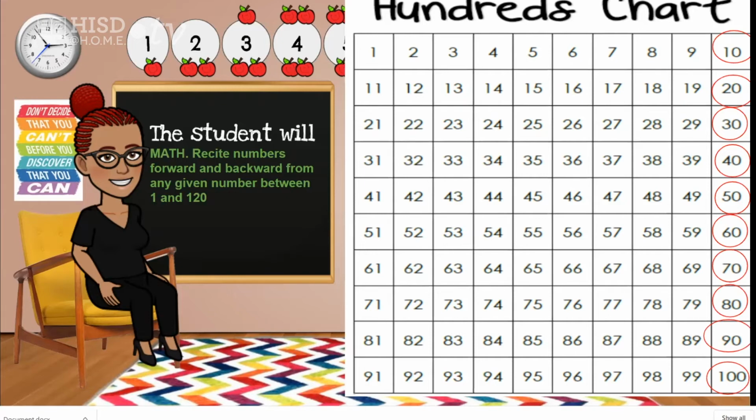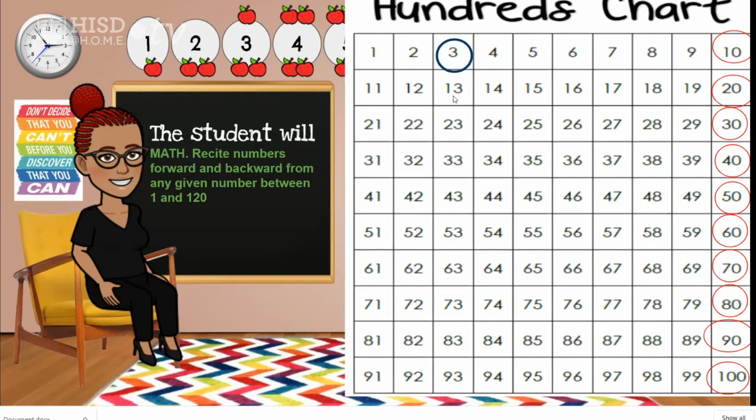We have been practicing counting by tens, but what happens if I start at a number like 3? If I start at 3, let's count 10 more and see what would come next. 1, 2, 3, 4, 5, 6, 7, 8, 9, 10.